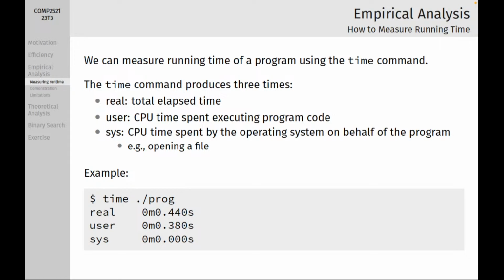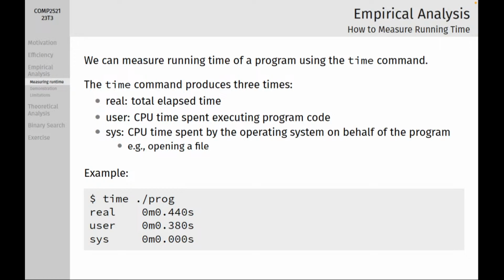Right, so it's as if we started a stopwatch when the program begins, and then when the program ends, we stop the stopwatch. And the real time needs to be interpreted carefully because it can be affected by how much load there is on the machine.